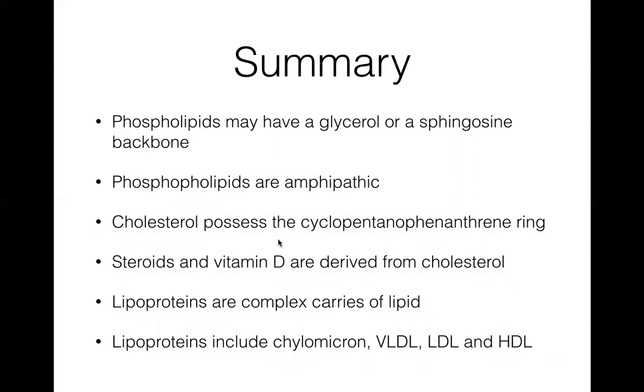This includes steroids and vitamin D. Finally, the most complex of all the lipids are the lipoproteins. These are complexes composed of lipids and proteins, and their function is to transport lipids. And the different classes of lipoproteins include chylomicron, VLDL, LDL, and HDL.